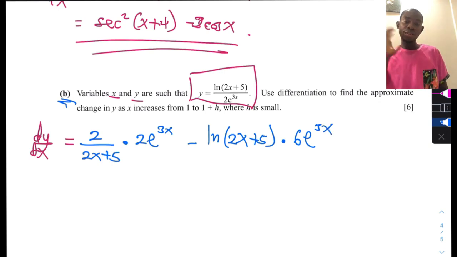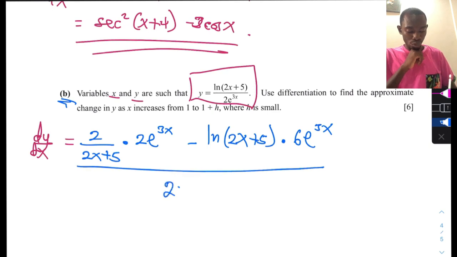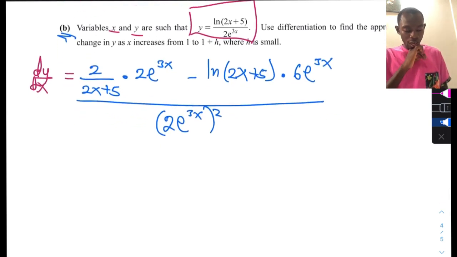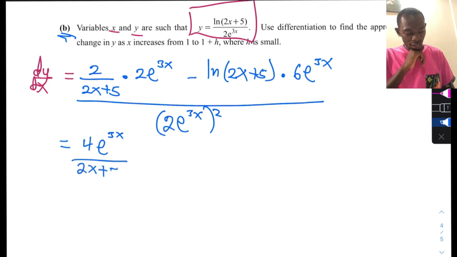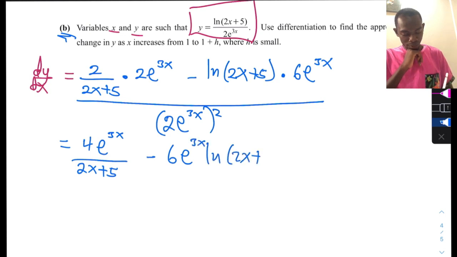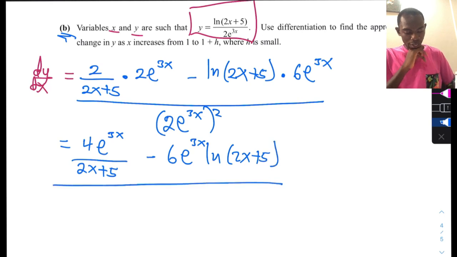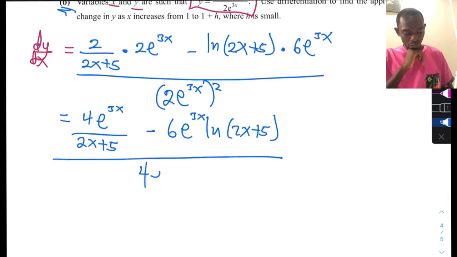It's 6 because the 3 comes down to multiply the 2, giving us 6, divided by 2e to the power 3x, all squared. So that means we have 4e to the power 3x over this guy, minus 6e^3x times this ln(2x + 5), all over. Now be careful here, that will give you 4e to the power 6x.